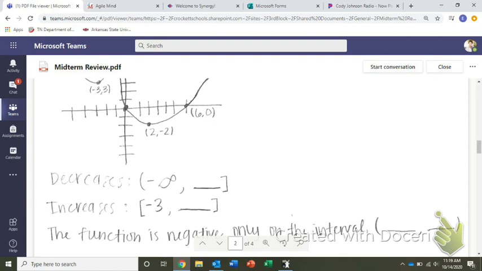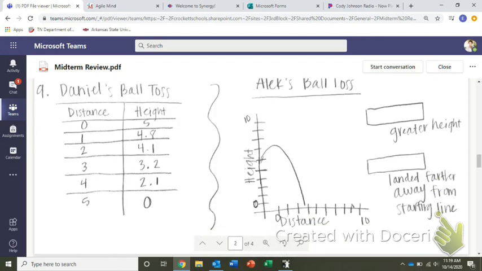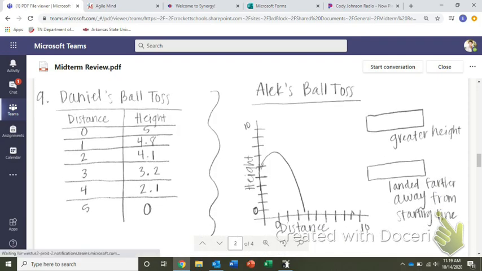All right, next we have number 9. So you just have to see who has the greater height and who has the greatest distance. So Daniel's height is 5. And Alex's height is between 7 and 8. So who has the greater height?